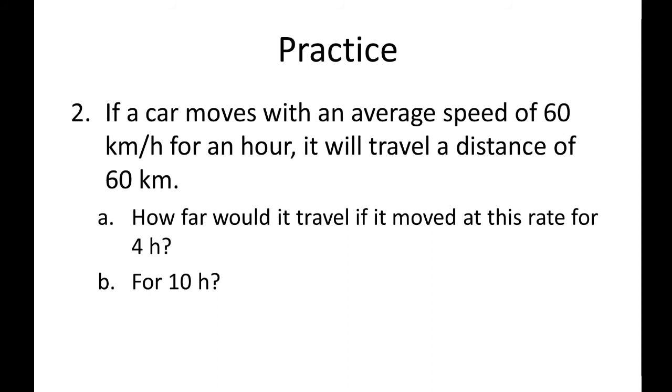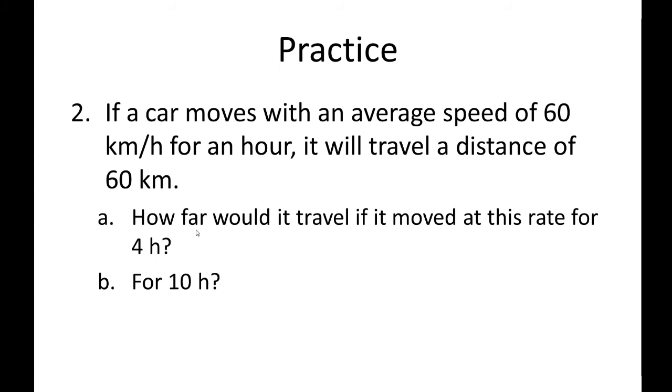If a car moves with an average speed of 60 km per hour, it will travel a distance of 60 km. Letter A, how far would it travel if it moved at this rate for 4 hours? So we are asked of how far, meaning we are asked of distance.